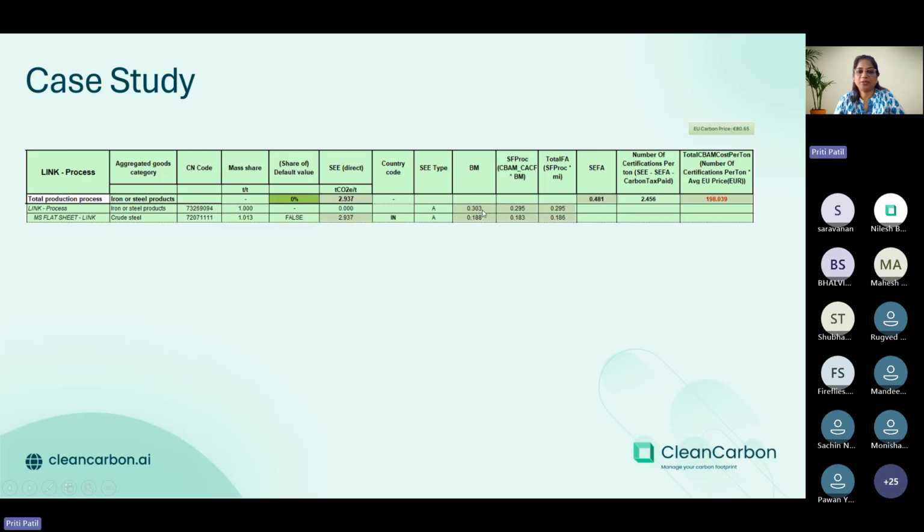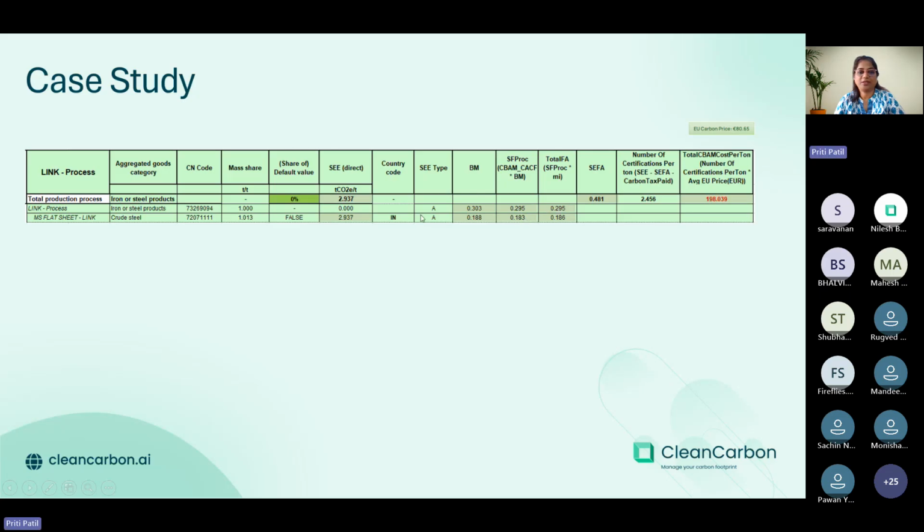These benchmarks are not completely free because the CBAM factor of 0.975 is applicable here. So the resultant is this: 0.303 becomes 0.295 actually. This much is the free allocation from the product, and 0.183 is the free allocation coming from the precursor.